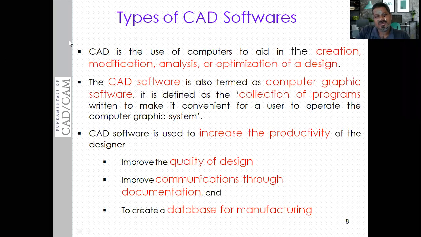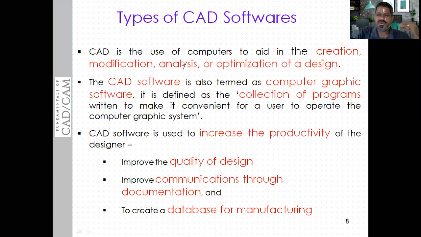This CAD indicates the modeling and the analysis part. So computers are used to aid in creating, modifying, analyzing, and optimizing the design. This is called CAD overall. CAD includes the modeling and analysis part.